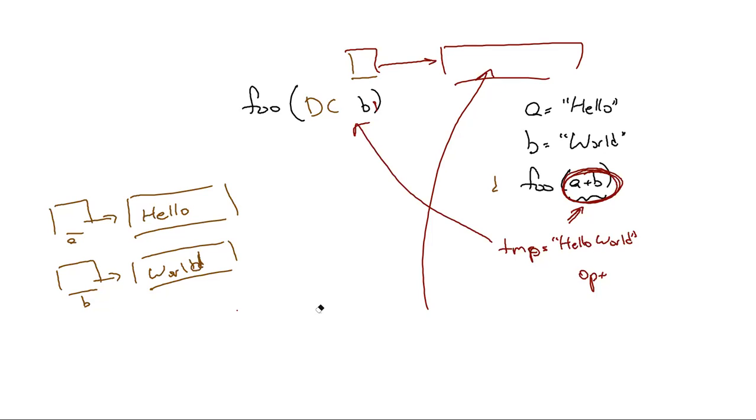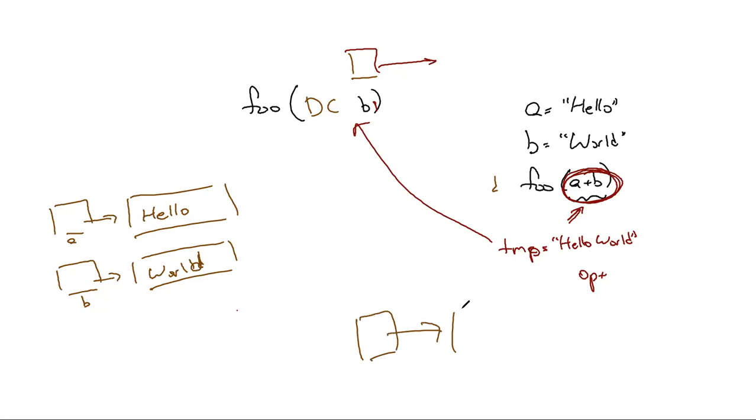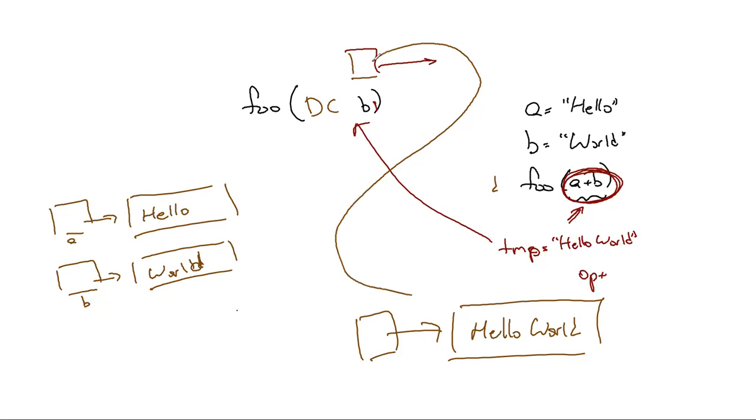Notice the work. I am actually creating 2 objects per call because of this temporary value that I had to create. But if I use move semantics, I would create just 1 temp. It says hello world inside it, which I had to do anyway because of the plus. And then I would steal it and delete just the pointer.